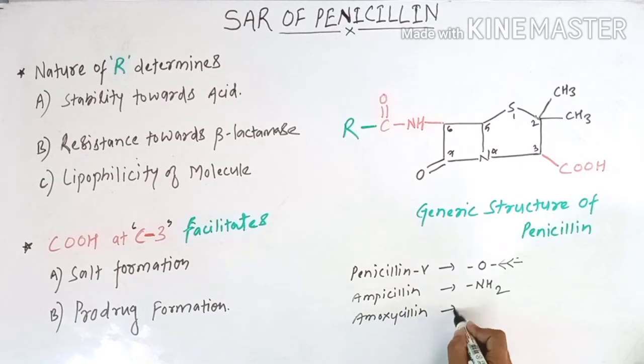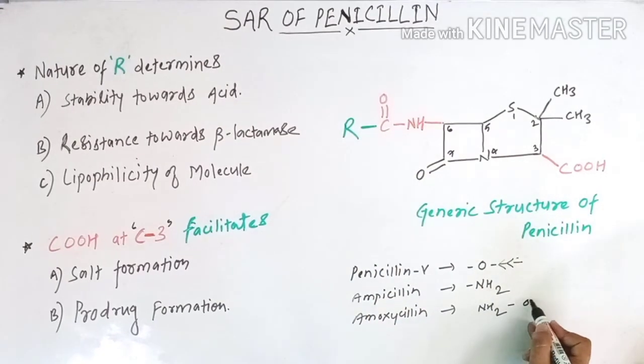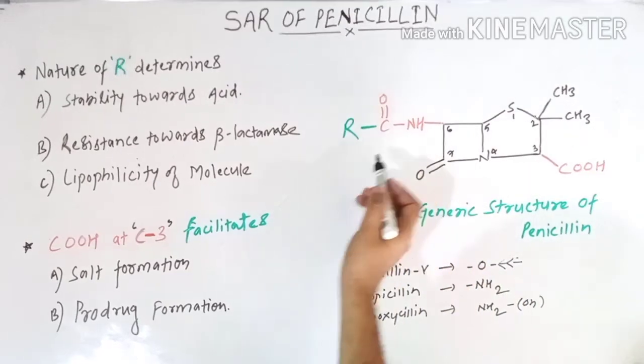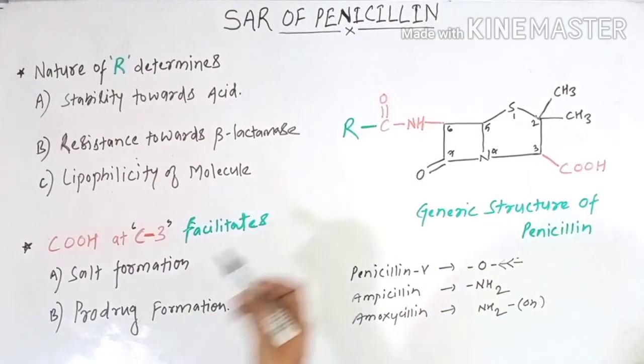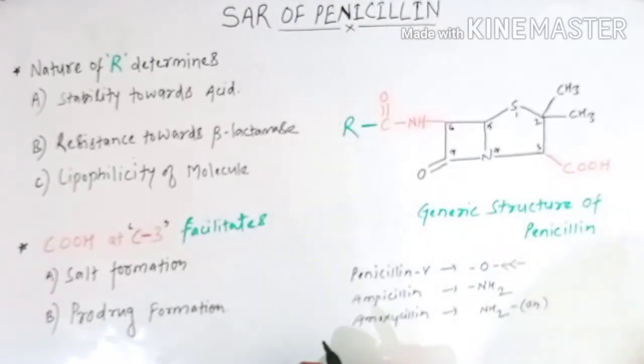In amoxicillin we have introduced again an amine group near the carbonyl carbon and an OH group on the para position of the phenyl ring. So both these groups again pull the electrons towards themselves and decrease the electron density at this carbonyl carbon, and thus the acid stability of this penicillin molecule increases.